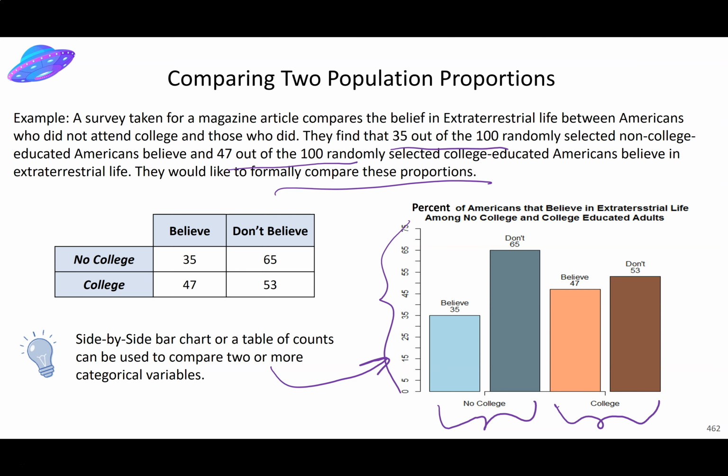Things to note is we have a sample of 100 for both groups. So counts make sense, but if you had very different sample sizes, you would probably want to have proportions on your y-axis. Otherwise, it gets really goofy looking really fast because sometimes the bars are so much higher for one group than the other. It is really misleading.